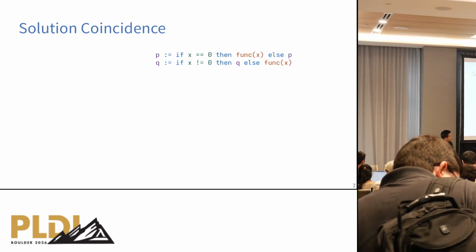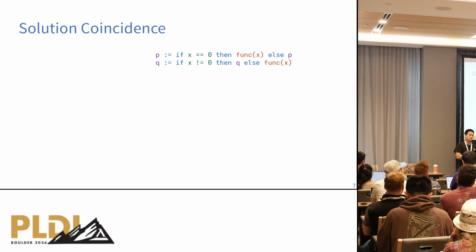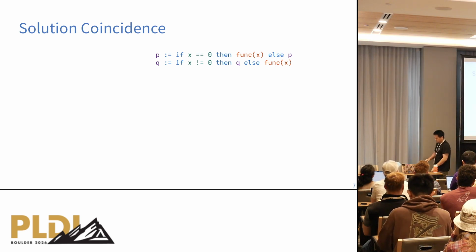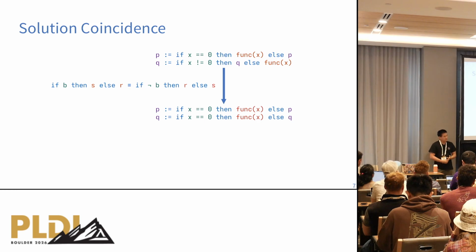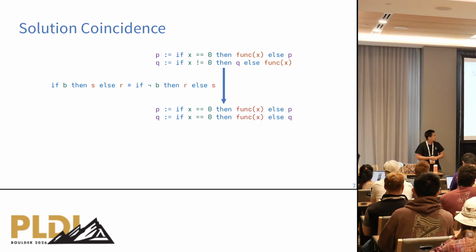So let's look at a concrete example of how this solution coincidence works. This is the control flow example we have seen before. And we know that if B then S else R is equal to if not B then R else S, right? We are basically switching the branches of the if statement, and they should be the same.